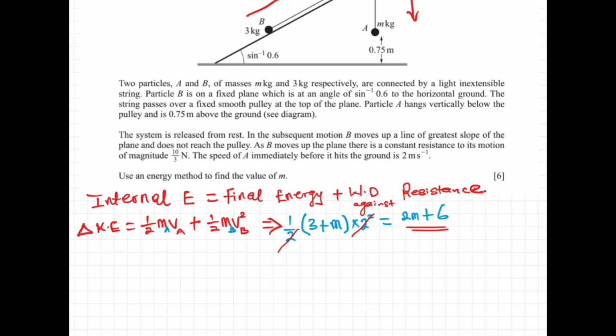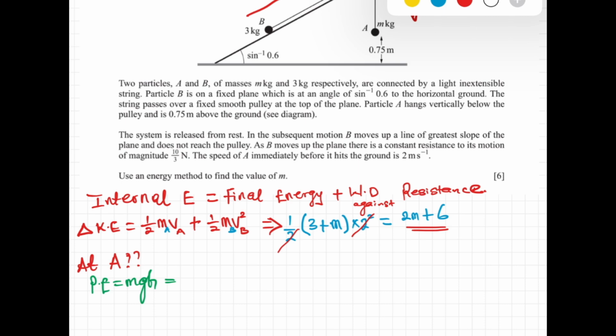Okay, so what happens at A? At A, the particle is losing potential energy, and we know potential energy is mgh, right? But it's been lost, so I will just put a minus there.